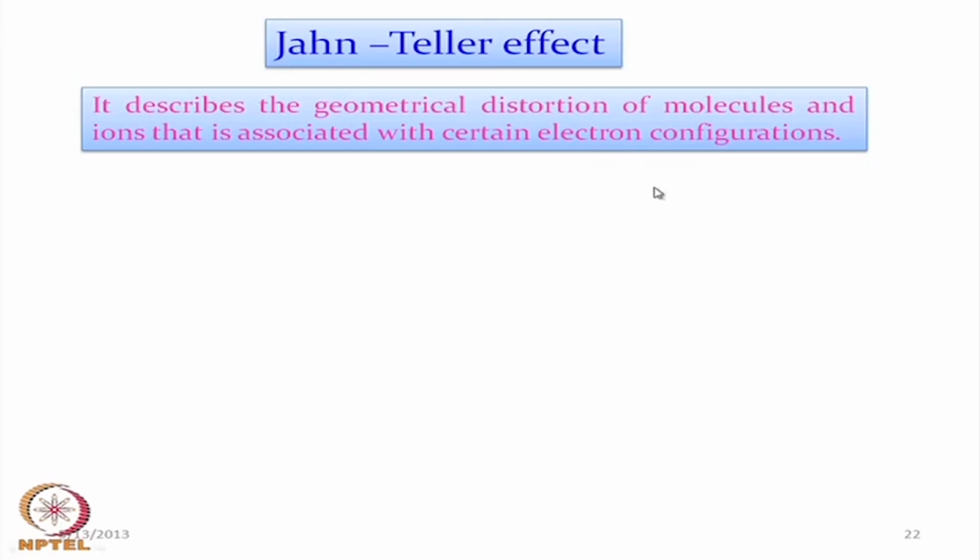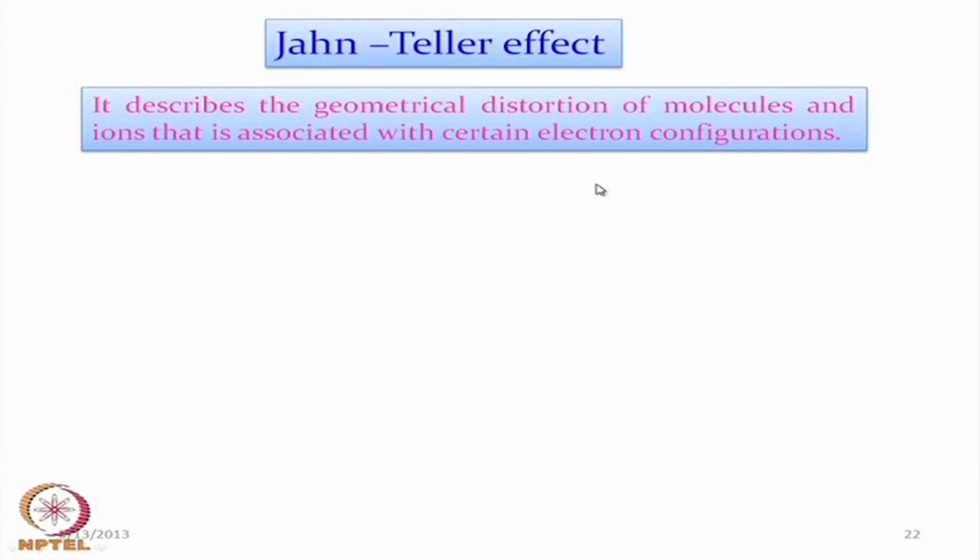Just now what we have seen is that a particular type of geometry can distort the corresponding molecule, and the ordering of the different d levels for the electrons is changing. But now we find that the differential occupancy of these levels can also distort the structure. So this is a reverse effect now. We have a different electronic configuration, and due to that we see the distortions.